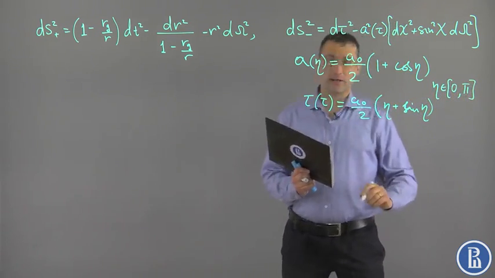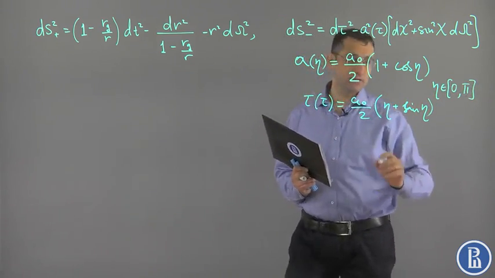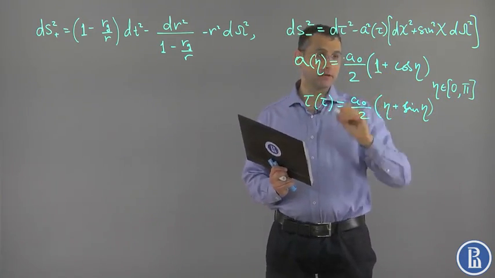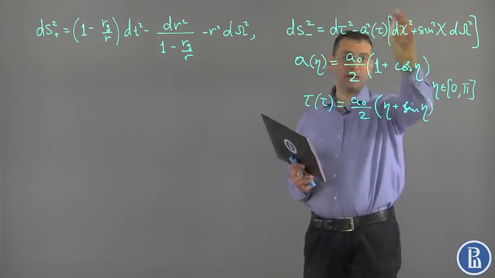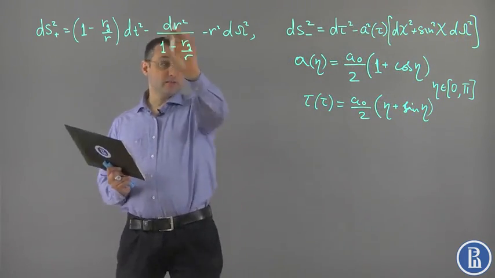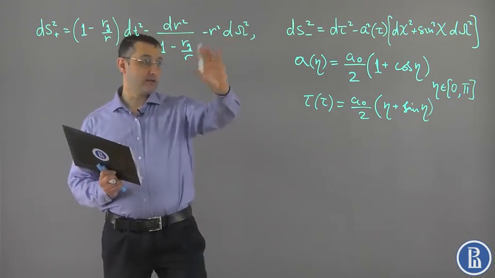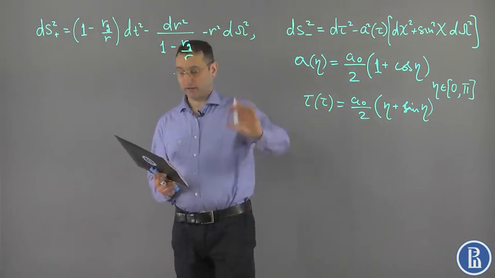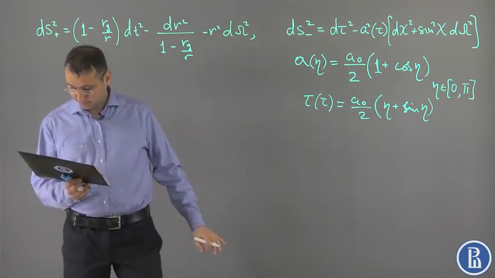At eta equals 0 the collapse begins. As eta reaches pi, the body of the star shrinks to 0 size. So now we want to glue this metric to find the other parameters of the metric.